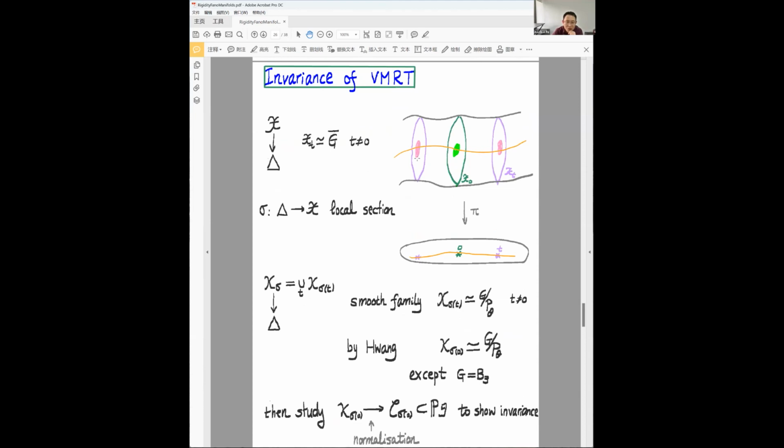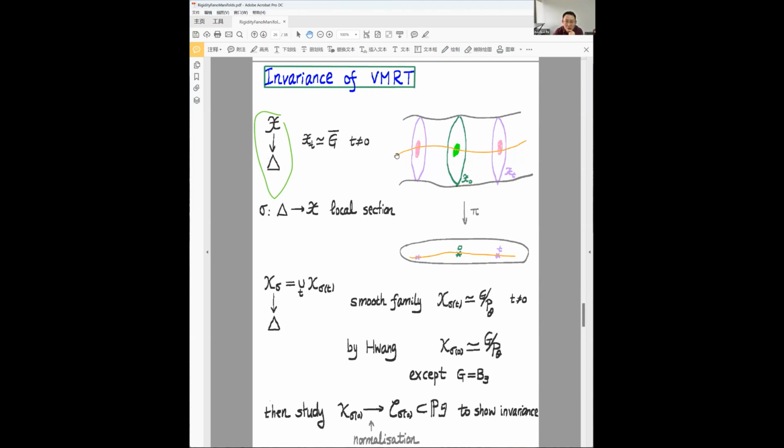To show the invariance, we just take the usual setting. Every fiber outside 0 is isomorphic to this wonderful compactification, and the central fiber is also Fano by assumption.